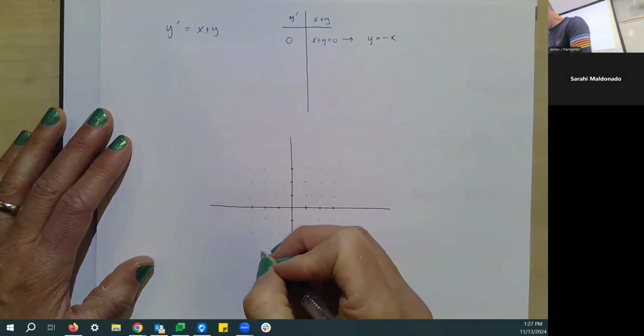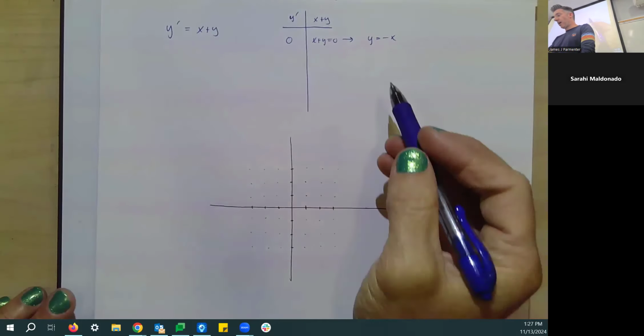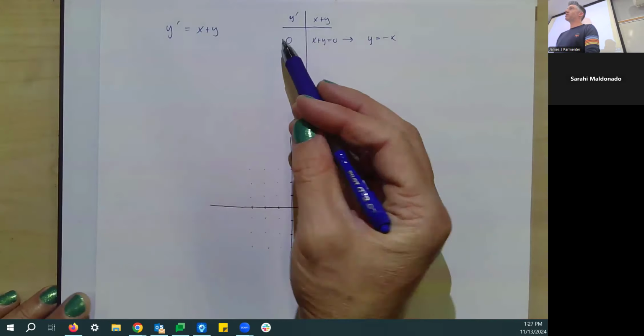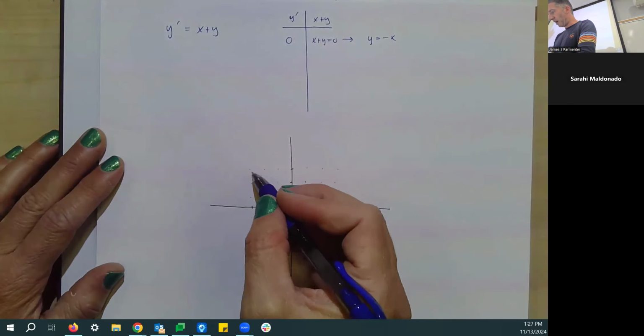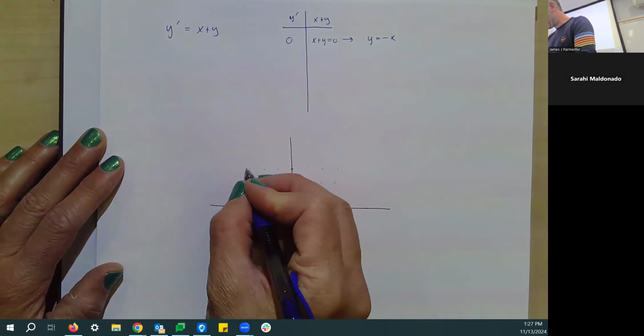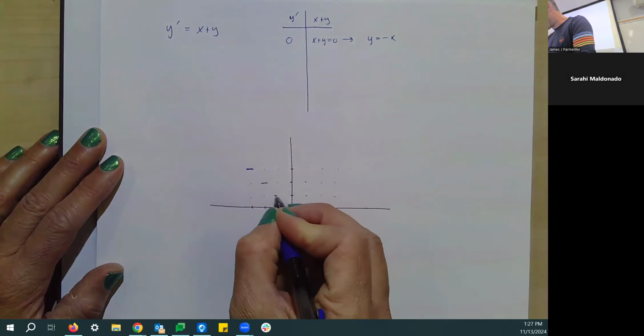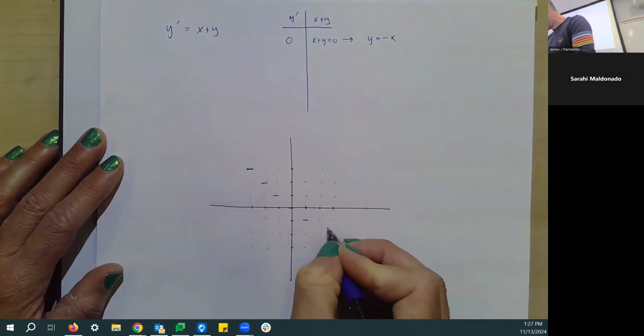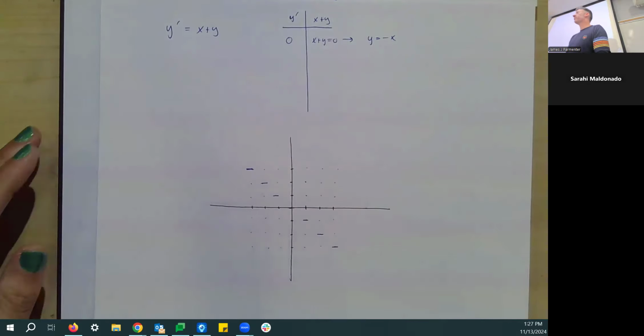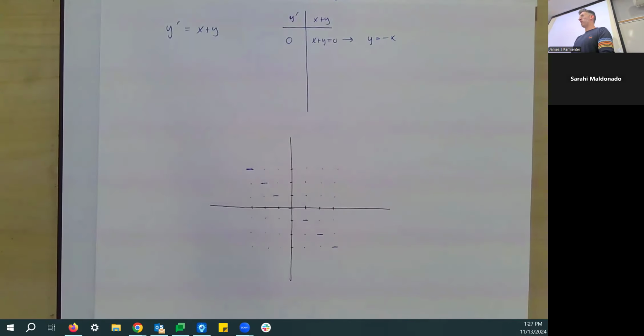What I was saying is, along the line y equals negative x, the slope is always 0. So here's my line y equals negative x. I can say, great, 0 slope there, there, there, and so on. Relatively quick.